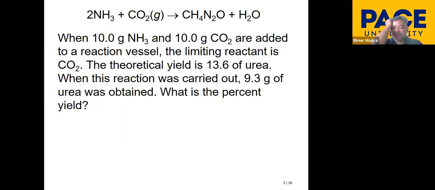So I use the same example here. As I said, 10 grams of ammonia, 10 grams of carbon dioxide, the limiting reactant is CO2. This is just confirming the problem that we had earlier. And its theoretical yield is 13.6 grams of urea. So when this reaction was carried out, you have 9.3 grams of urea. So what is the percent yield?